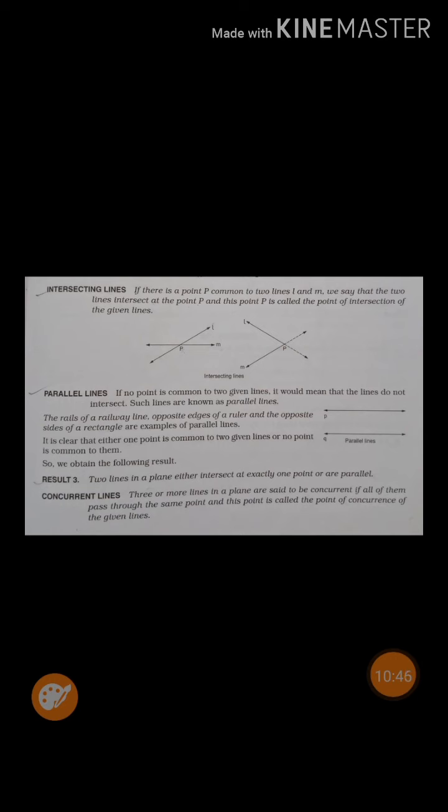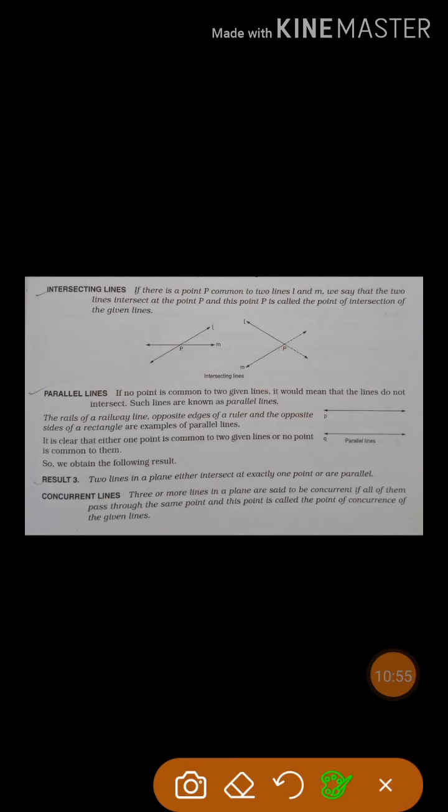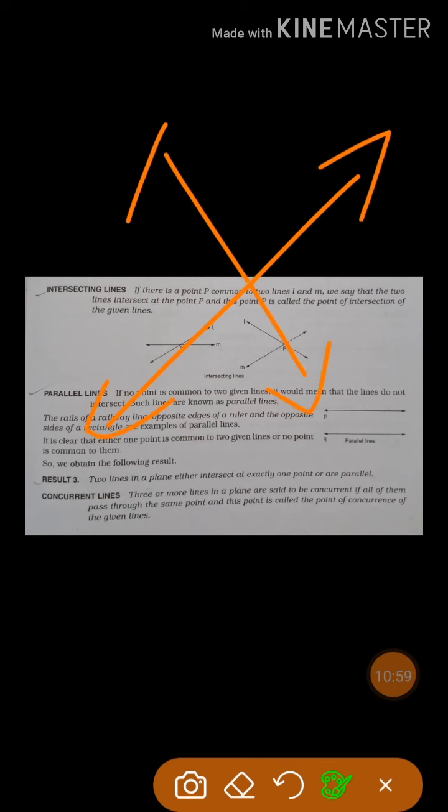Three or more lines on a plane are said to be concurrent if all of them pass through the same point. If there are three or more lines passing through the same point, that point is called the concurrent point.